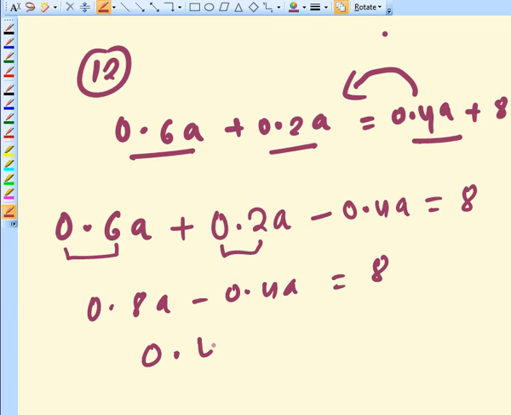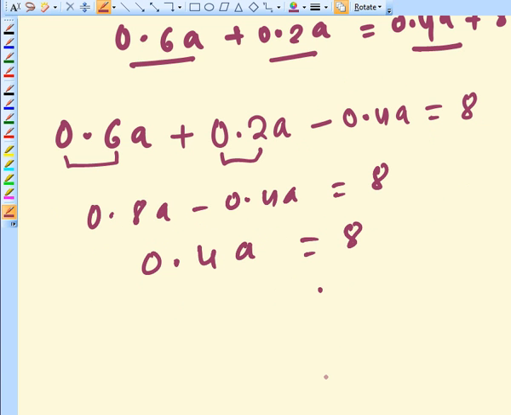Then we got here 0.4a equals 8. Now 0.4a can be written as 4 by 10 a equals 8, because after the decimal we are having one place, so we have to write 10 in the denominator.